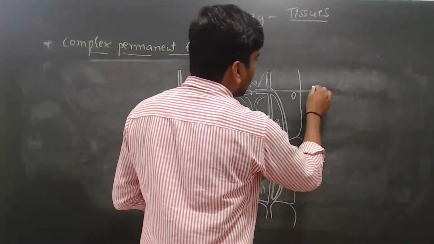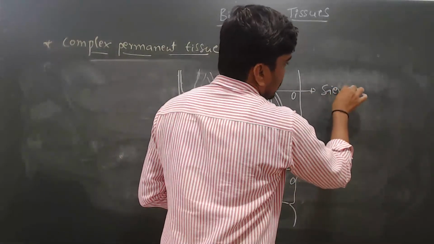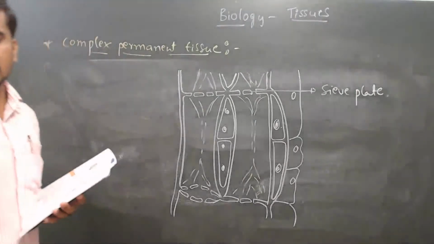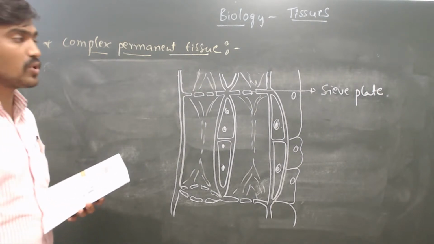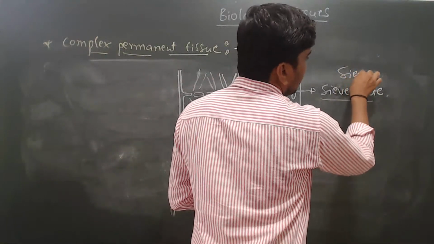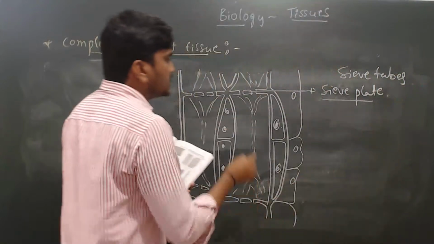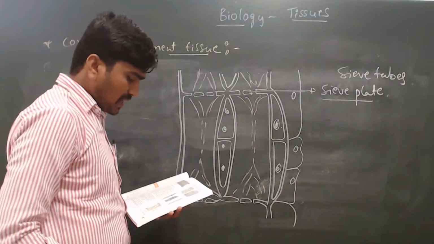Here, see, this one is known as sieve tubes. Here it is known as a sieve plate. What is meant by sieve plate? Sieve plates are nothing but an entire porous plate that contains sieve tubes. That one is known as sieve plates.